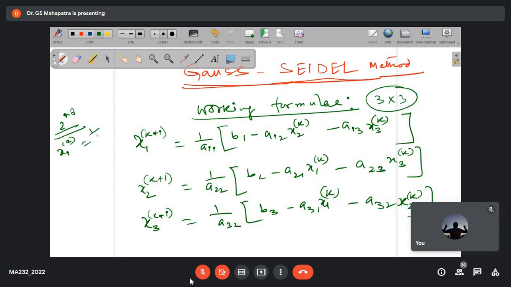What is your answer? 1 by a11, b1 minus a12 x2 (1), minus a13 x3 (1). Fine. For the second iteration, I have written this.